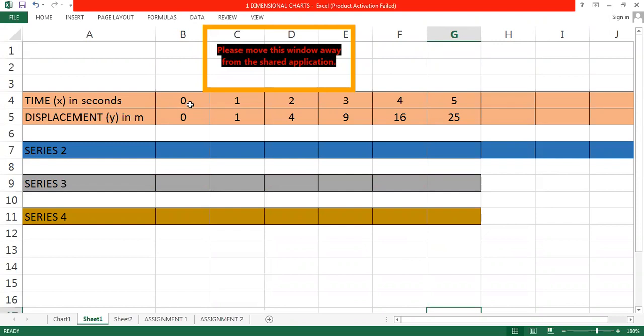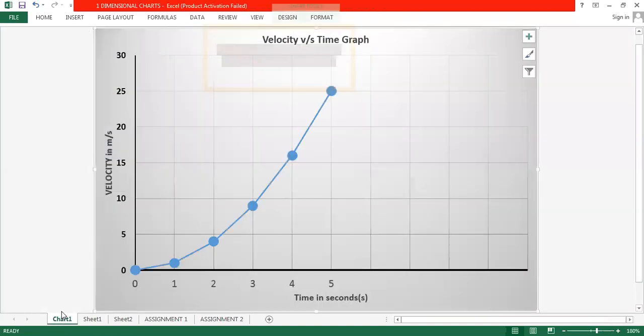Okay. Now we will plot the points of this. So this is 0, 0, 1, 1, 2, 4, 3, 9, 4, 16, and 5, 25. Plot the points of this and let's see how the graph looks like. Draw it.